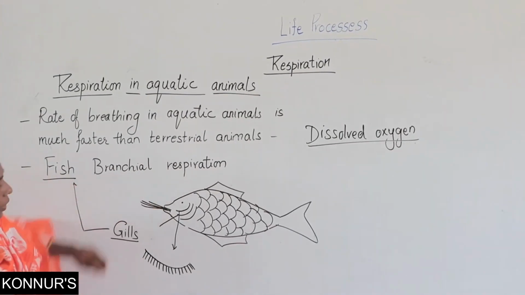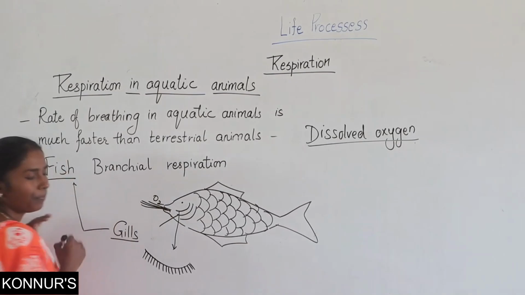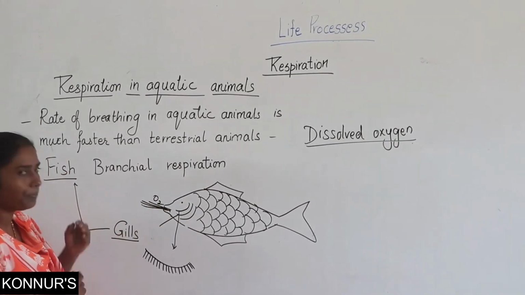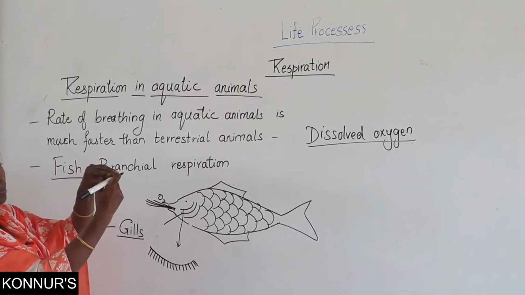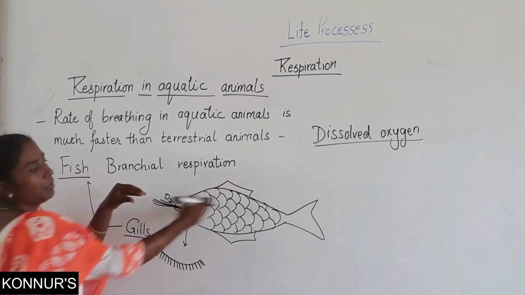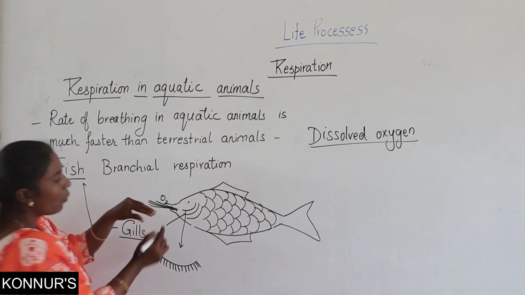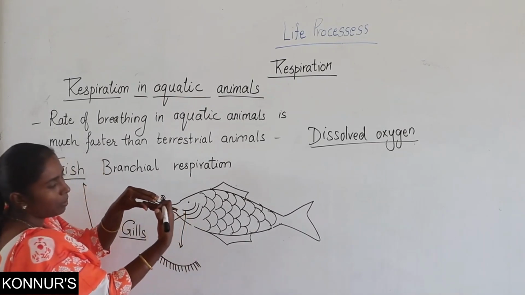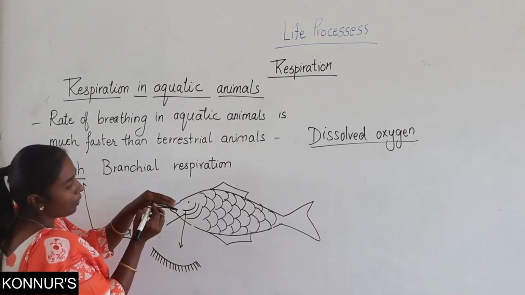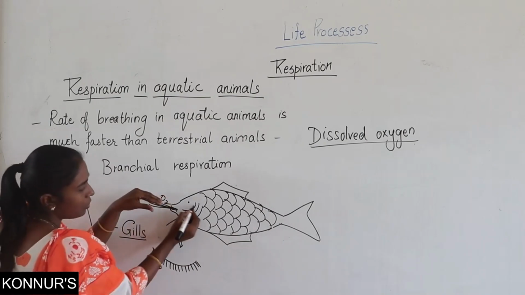Now when this water which is carrying oxygen enters into the mouth, it cannot go into the stomach all the time because the fish is already in this water. So the water which goes inside the mouth comes out through these openings.